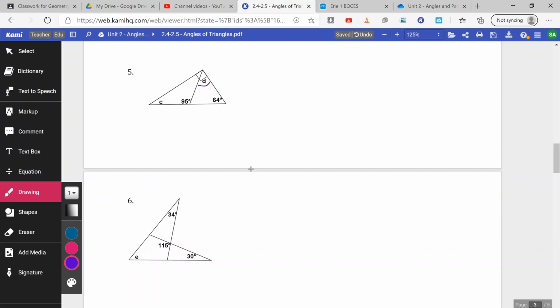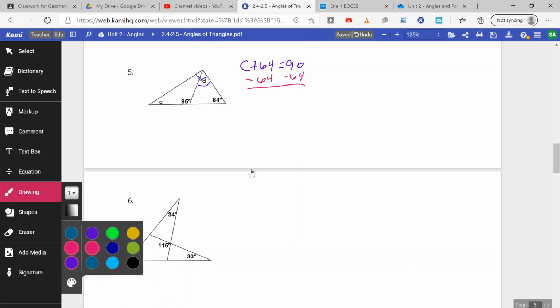So for C, on the big triangle, we have angle measurements of 90, 64, and C. We learned that if I have a right triangle, the two acute angles add up to 90. So C plus 64 is 90. Subtract 64, and I get an angle measurement of 26 for C.